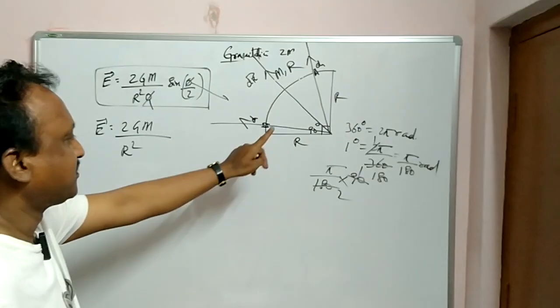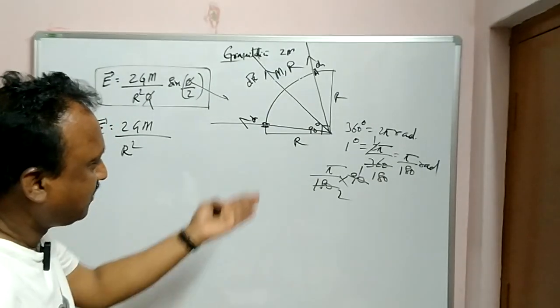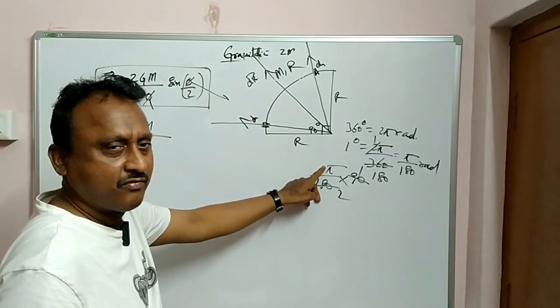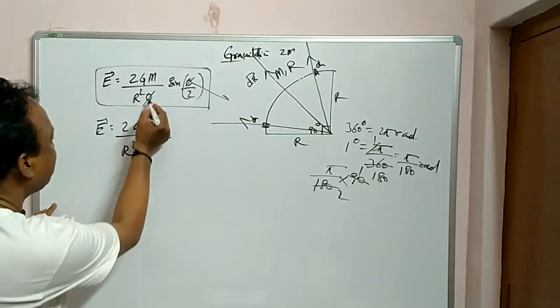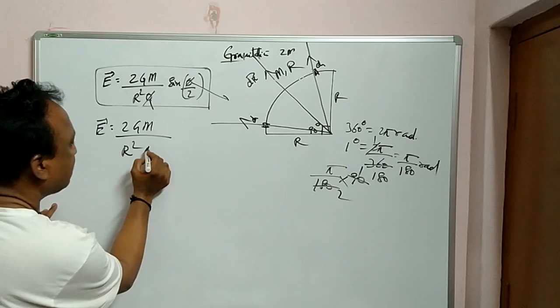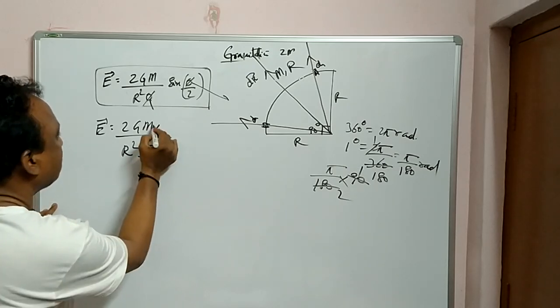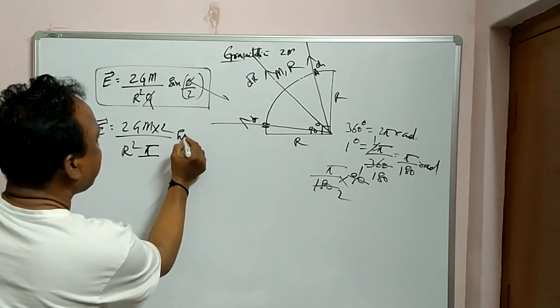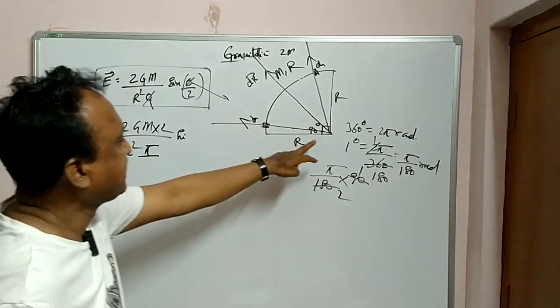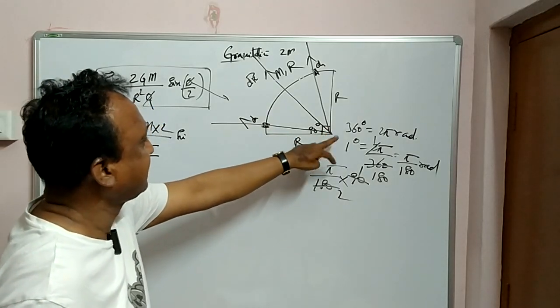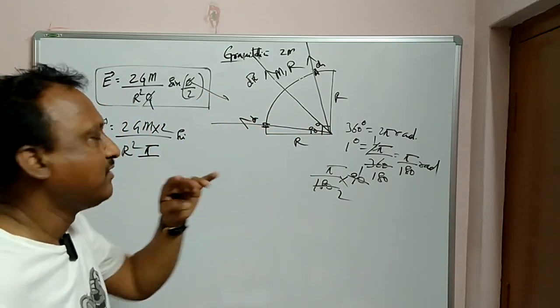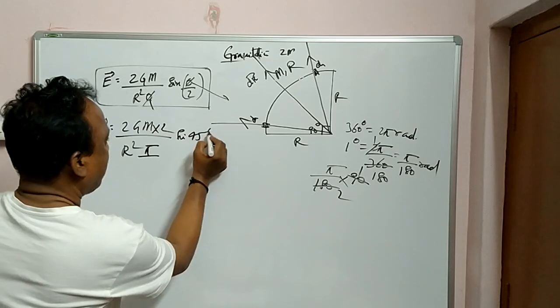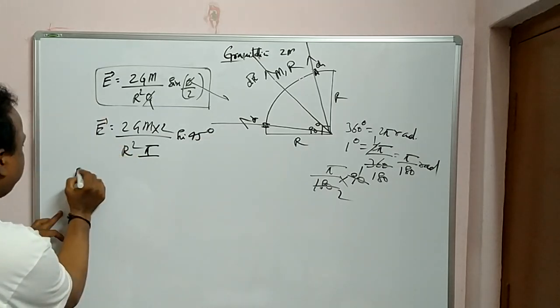Simple method. So 90 degrees is how many radians? Pi by 2. Pi is 180, by 2. So I will write it here. This is pi by 2 in radians, so the 2 pi goes away, into sine. Sine of how much angle? This angle is 90 degrees, so 90 by 2 is 45 degrees. So finally, what is the value of E?